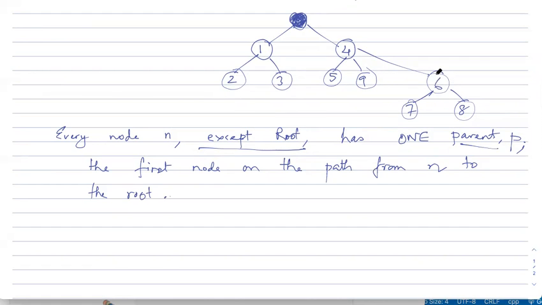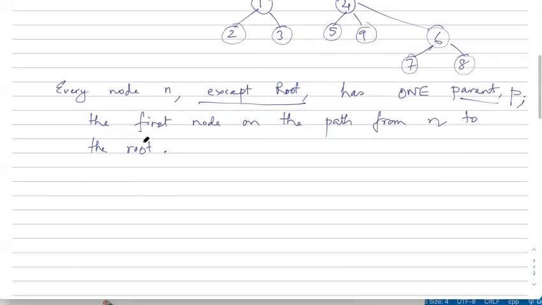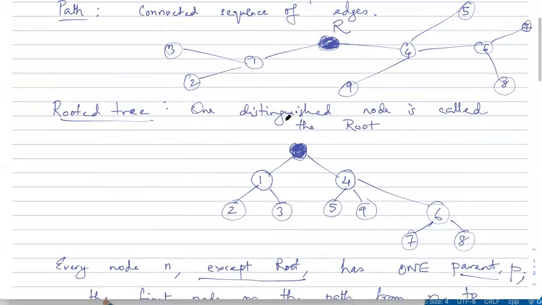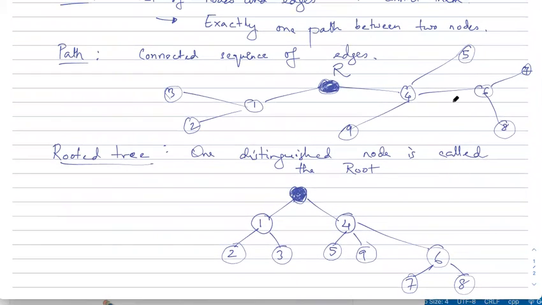From 6, if we walk up to the root, the first node that you encounter is 4, and therefore 4 is the parent. Based on that, n is considered to be p's child. And that is why it is better to draw a tree like this. You can easily see the parent-child relationship compared to drawing a tree the other way.